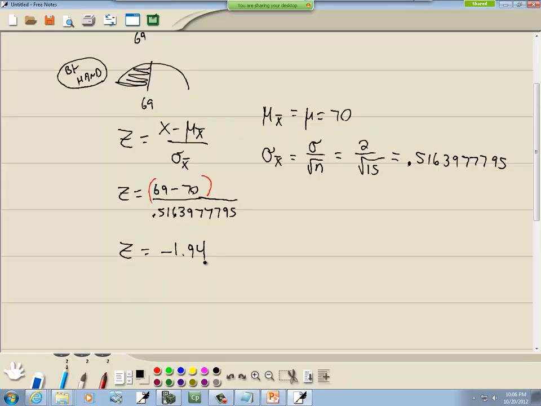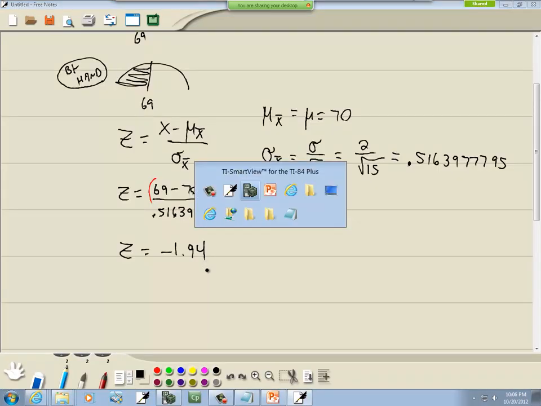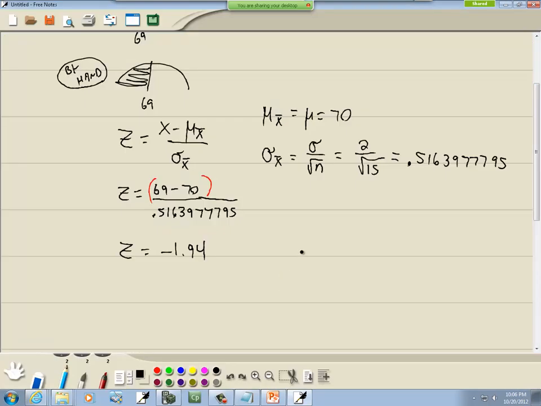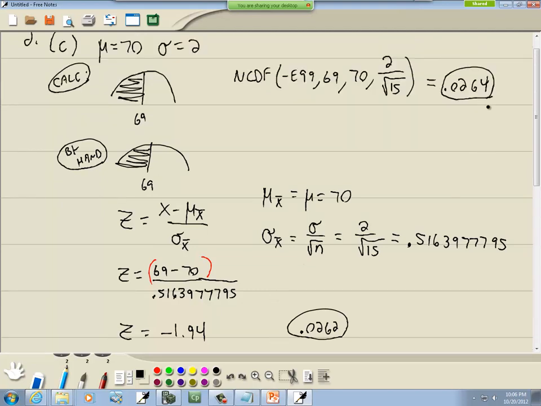Okay, our hundredths place is the 4, so we're going to be looking in this column, and negative 1.9. So we get 0.0262. And we take that directly because that's the area to the left, which is what we're looking for. And you see, we compare it, and it's fairly close.